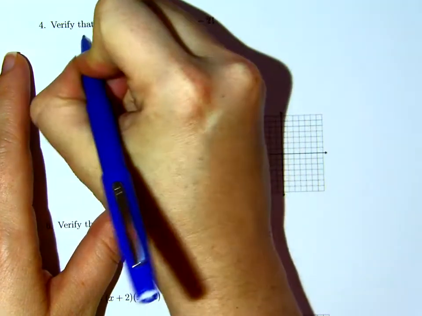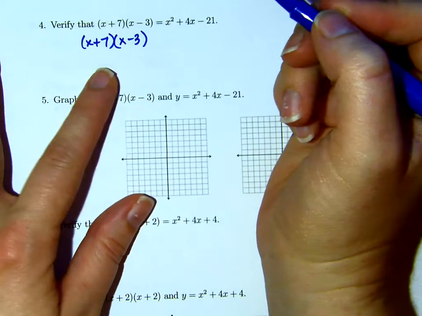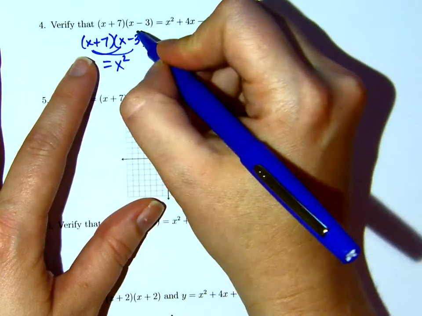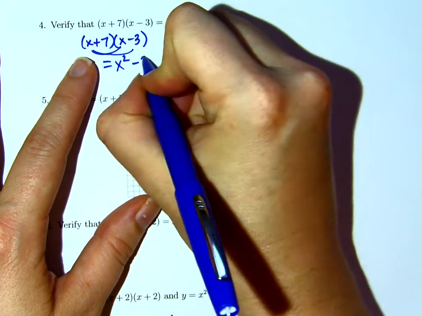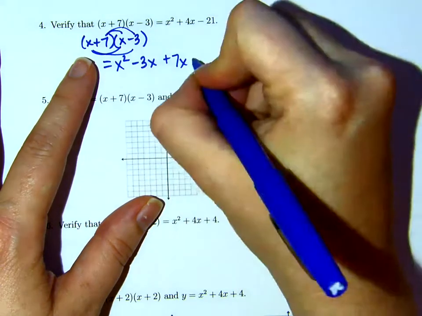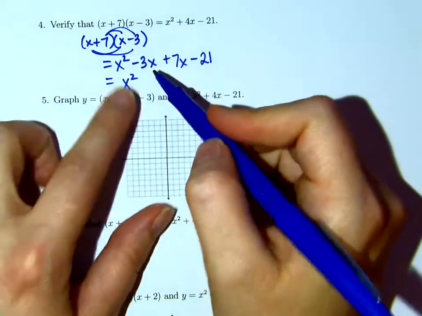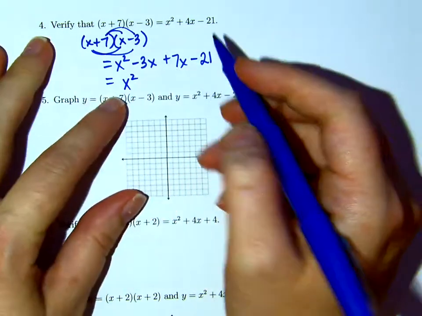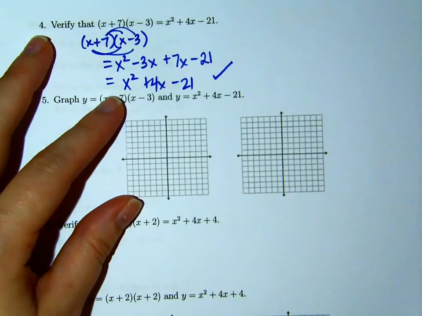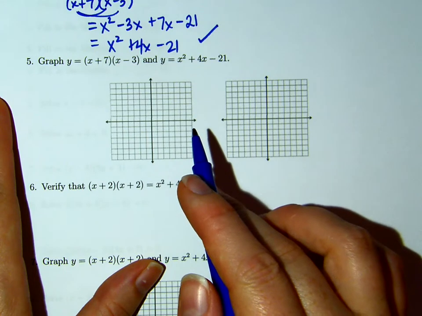Okay, so x plus 7, that line, times the factor x minus 3, that line, is equal to x by x is x squared. x 3 times, but the opposite, so negative 3x, positive 7x, and 7 sets of 3 is 21, but it's negative, or the opposite, which is, okay, let's see, negative 3x plus 7x makes 4x, which is exactly what we see here. So yes, that means that they should have the same graphs. Let's make sure that happens.